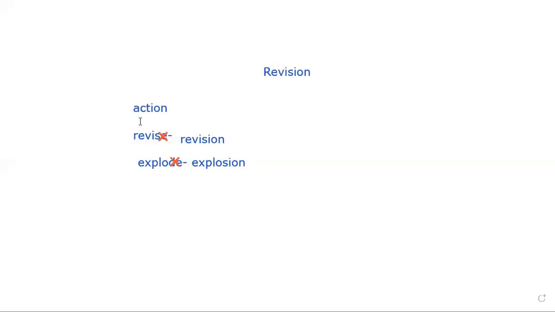Okay, also we have the profession list of suffixes, like when we have someone who works in music, what do we add after C? We add the suffix IAN. When we have someone who works in electricity, electric, what do we do after the C?